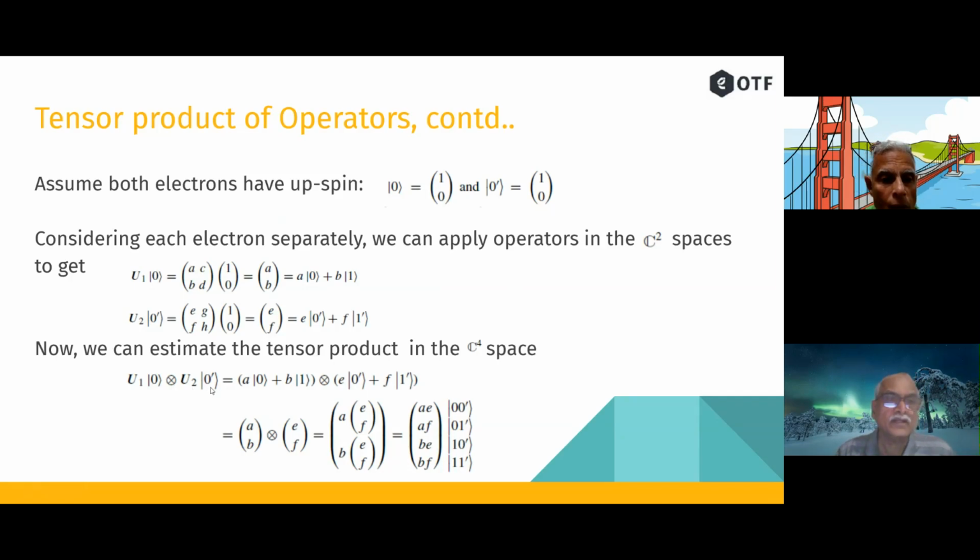Right? So u1 0 and u2 0 prime are already known here. If I take a ket 0 plus b ket 1, and take the tensor product with e ket 0 prime plus f ket 0 prime, and just juggle around, this is what you're typically going to get, and that will once again be the same representation like what we saw earlier on.